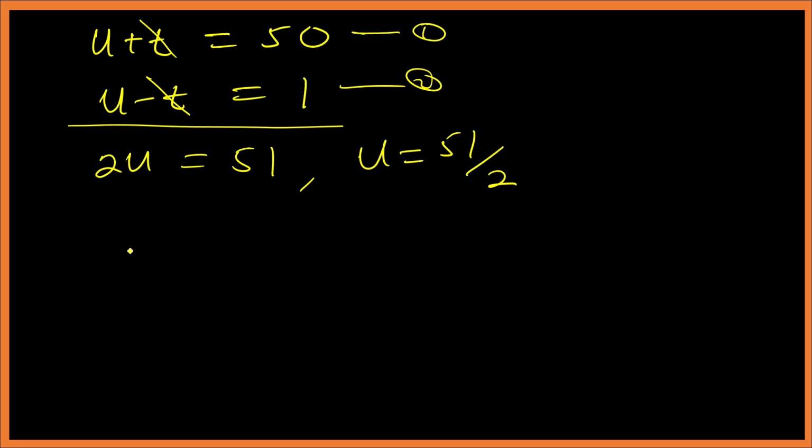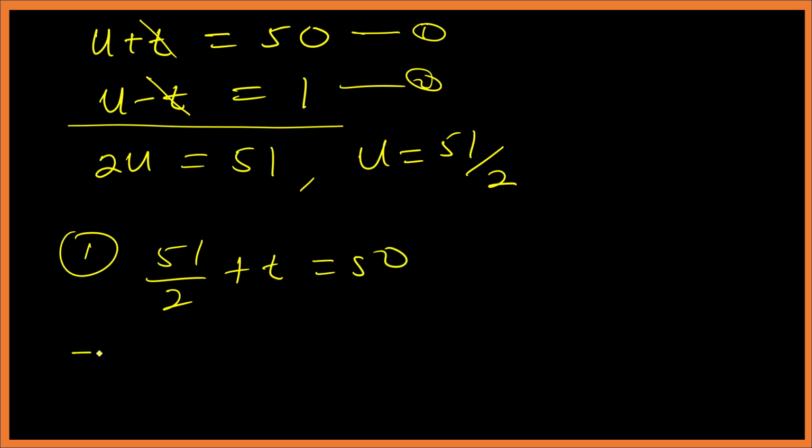So using equation 1, u, which is 51 on 2, plus t equals 50. Let's multiply both sides by 2, so we have 51 plus 2t equals 100.